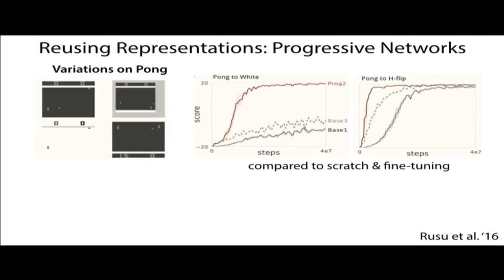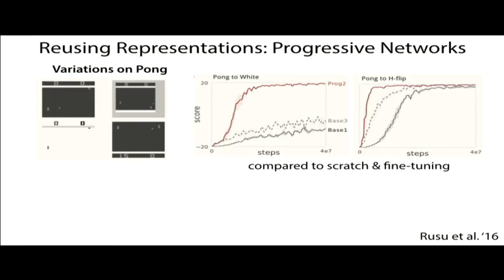And then likewise with the horizontal flip, actually fine-tuning and just training from scratch work fairly well. Actually, I think the black curve is not training from scratch. It's a different baseline because it would be a lot slower. But progressive networks are able to outperform baseline models on these tasks.